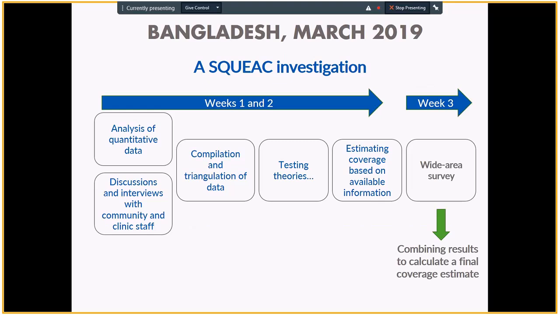We test some theories, and then, based on all of this information, we estimate coverage based on the available information, and then we combine this with a survey at the end, and the results give us a final coverage estimate. So that's a SQUEAC in one sentence, which is really inadequate as well.